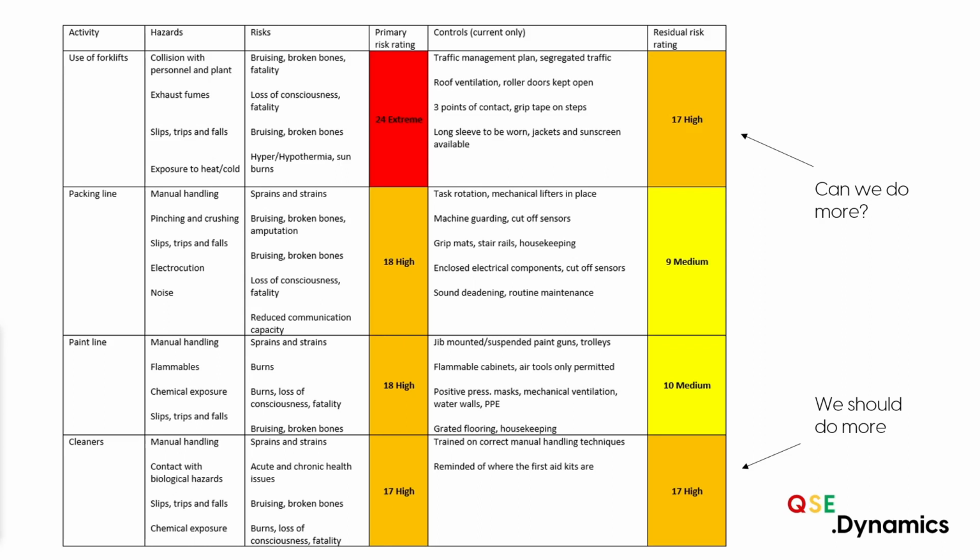And then lastly, for the cleaners, we can see that controls just haven't gone far enough. So we can use this now to start prioritizing where we should be putting our resources in managing those hazards and getting suitable risk control scores.